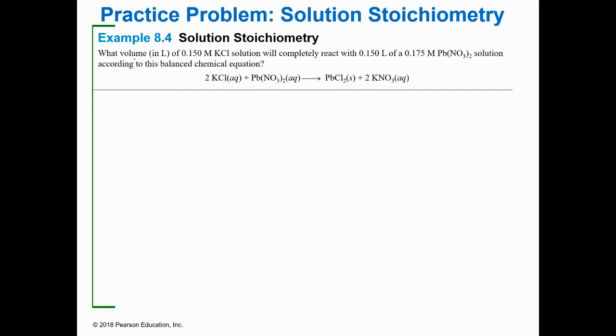In this problem, I want to know the volume of potassium chloride when it completely reacts with the lead nitrate, but I'm starting with the volume of lead nitrate. So I want to go from lead nitrate, and I'm given enough information to do this, to potassium chloride.